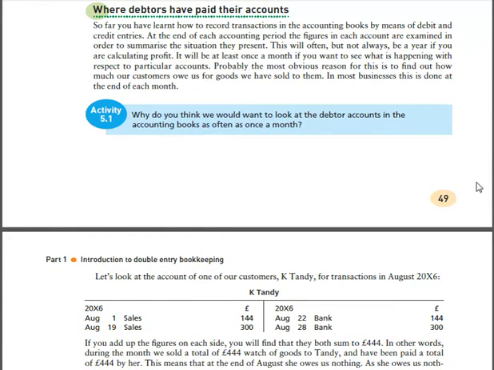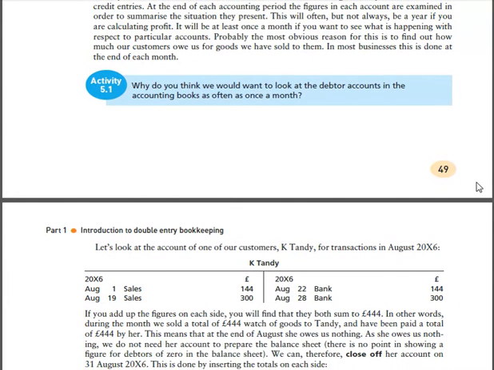So, for example, K Tandy is a customer and we made a few sales to them. Here in this example, on 1st August, K Tandy bought goods from us on credit for 144. Then again on August 19, it purchased goods for 300.